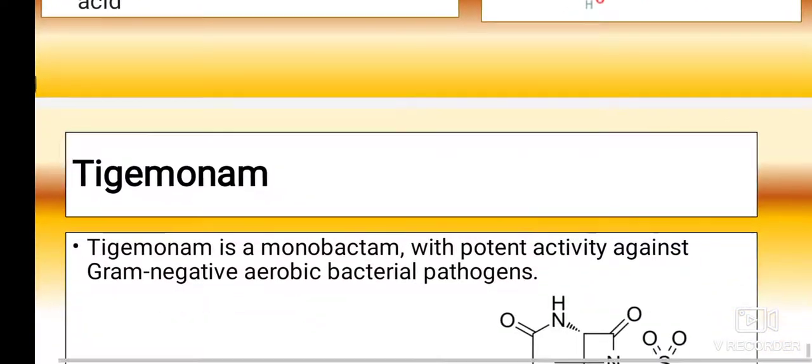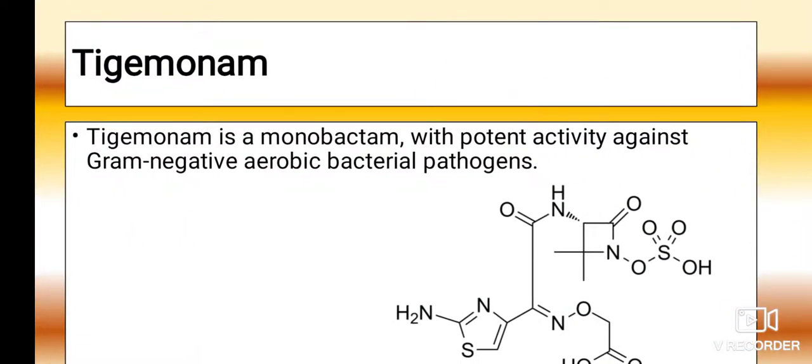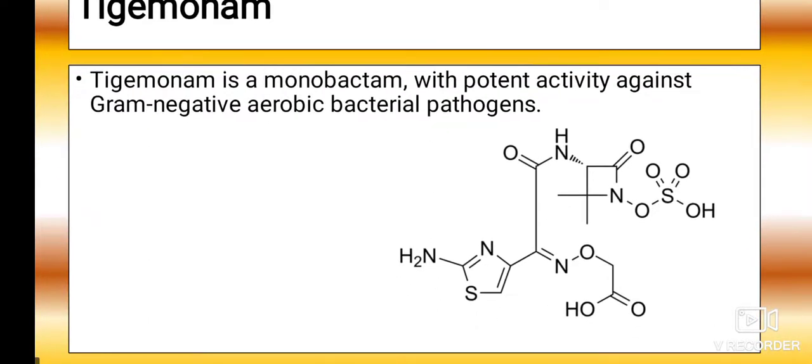Then next is tigemonam. Tigemonam is a monobactam antibiotic with potent activity against gram-negative aerobic bacterial pathogens. Mainly it is a beta-lactam antibiotic. Along with the beta-lactam ring, there is one more ring, the thiazole ring. You can see there is a 5-member ring containing 1 sulfur and 1 nitrogen.